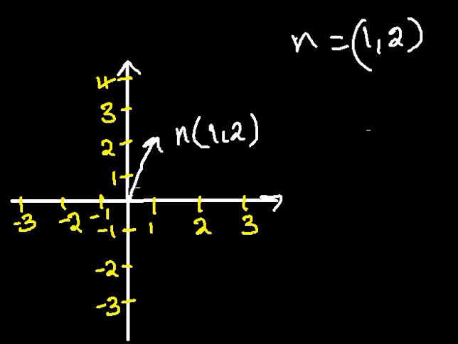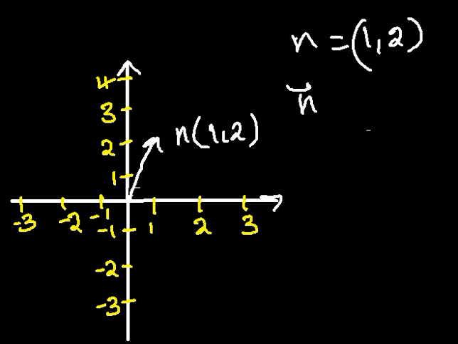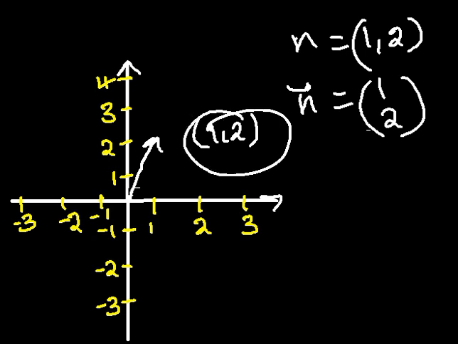But to express it without the use of the Cartesian plane, we'll have the vector N given as 1 down 2. We'll just show the coordinates here, but N will be expressed as the vector in that case.